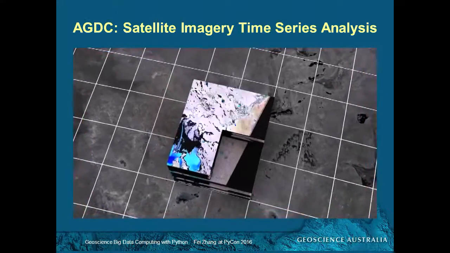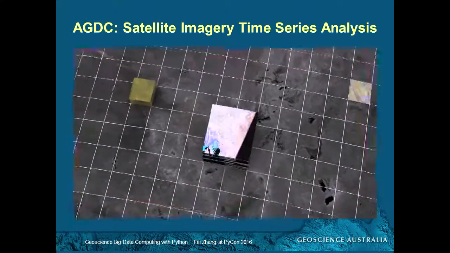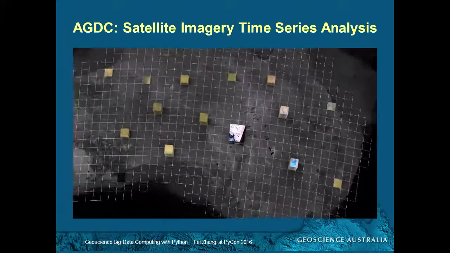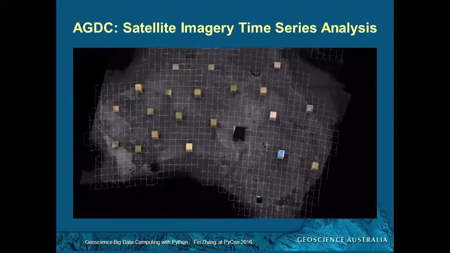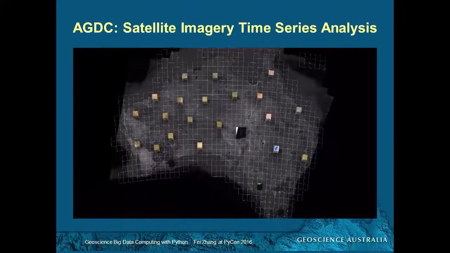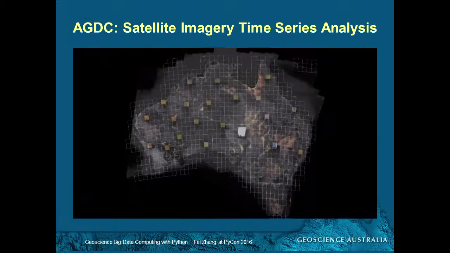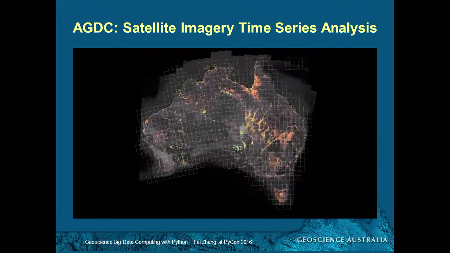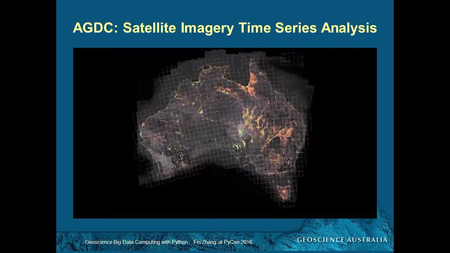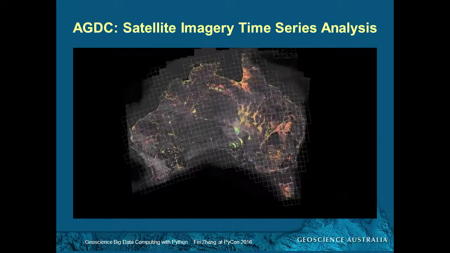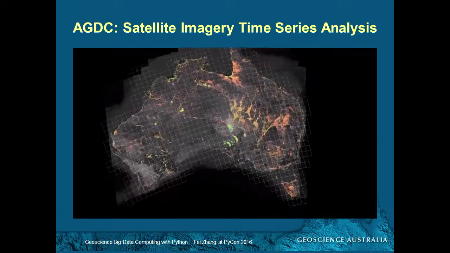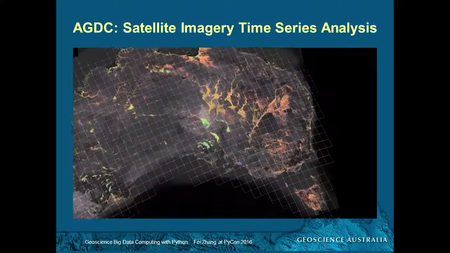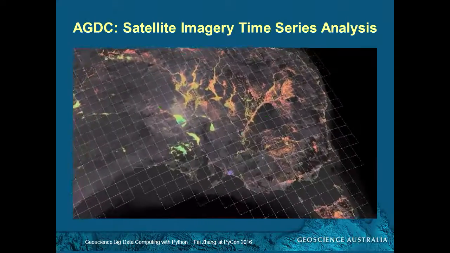The Australian Geoscience Datacube organizes this archive in a quite smart way, dividing all the imagery data into cells. In the first version, these were 1 degree by 1 degree cells. Currently we're using a different projection, the Albers conic projection, with 100 kilometer cells.